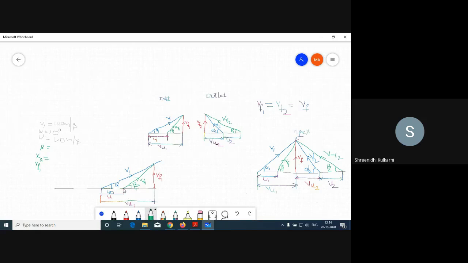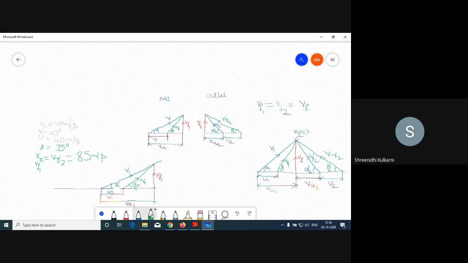So I know the beta value is some 35 degrees, and Vr1 equals Vr2 because beta 1 equals beta 2. So it is around 85 meters per second.